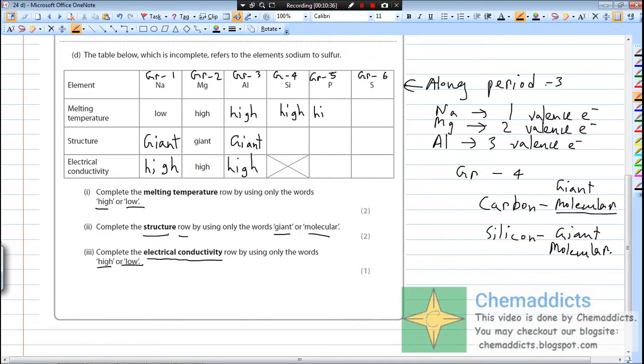Once again, they have asked us to write molecular. So if they told us to write giant molecular, then we are happy to write giant molecular. For time being, we will write molecular. Okay, so this is how it is.